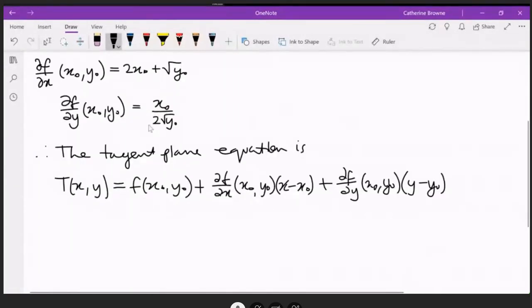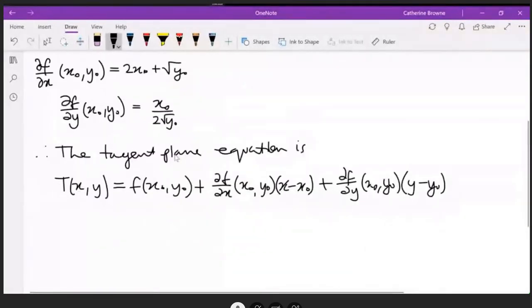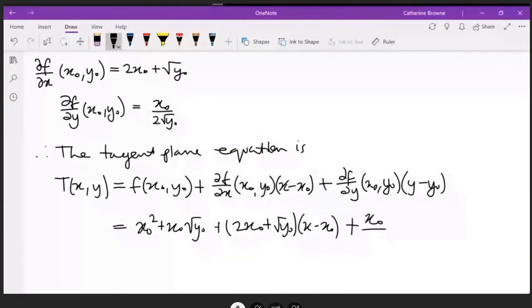And if we substitute what we found, we get x naught squared plus x naught root y naught, plus 2x naught plus root y naught times x minus x naught, plus x naught on 2 root y naught times y minus y naught.